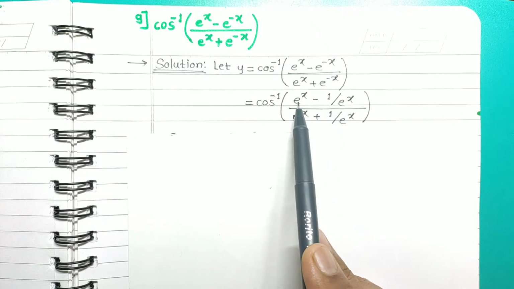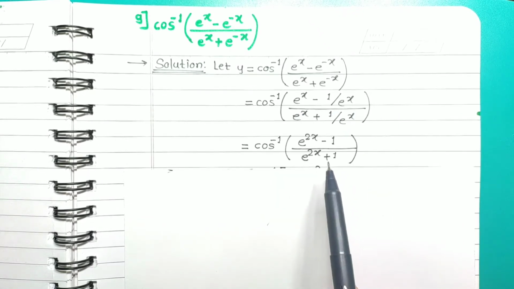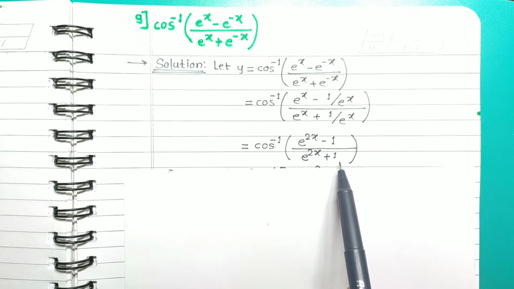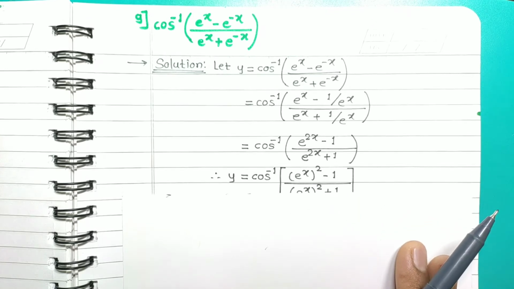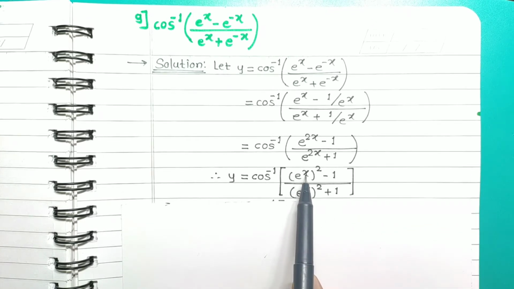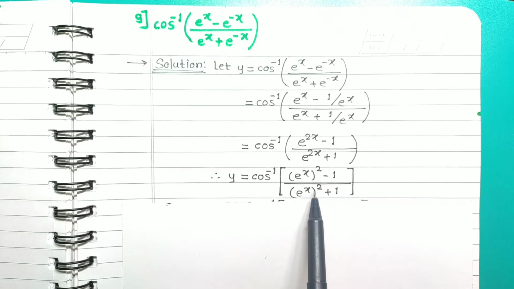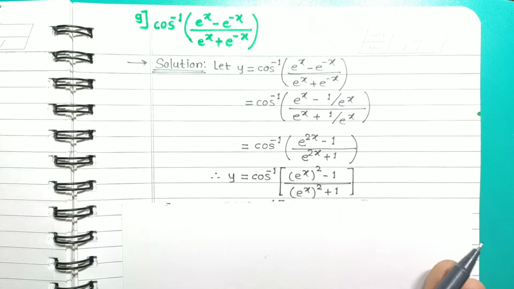Then equating denominators and simplifying, we have e raised to 2x minus 1 upon e raised to 2x plus 1. Here I can write it as bracket e raised to x squared minus 1 upon bracket e raised to x squared plus 1. Outside the bracket there is a cos inverse function.